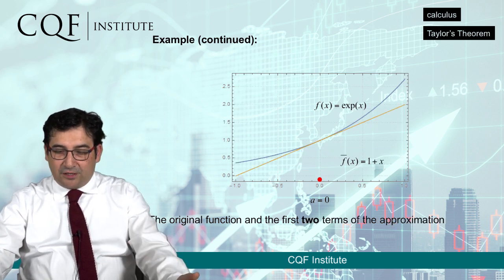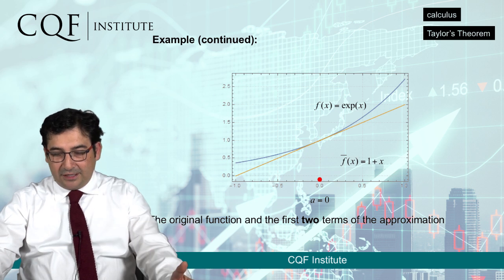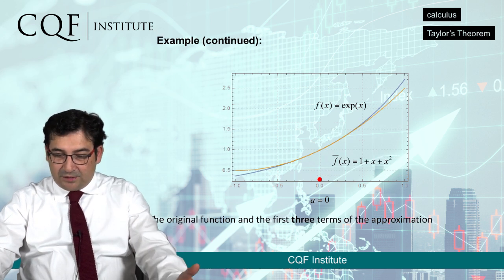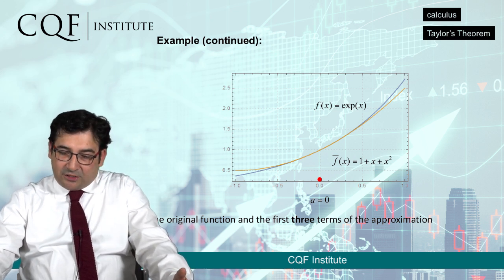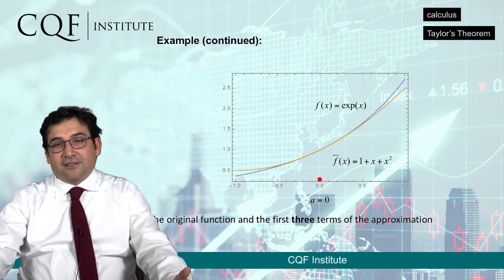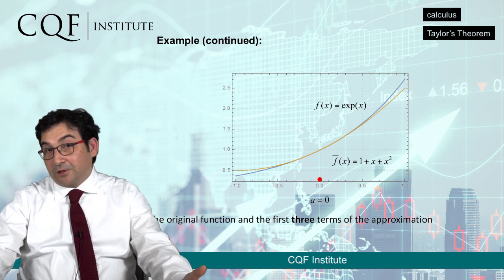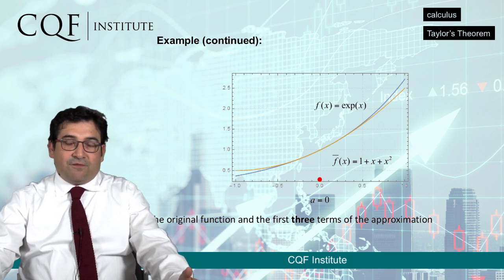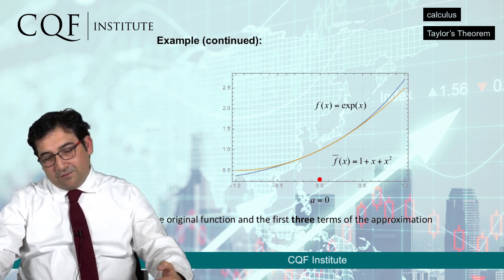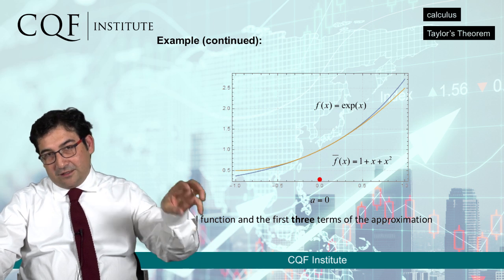If we use two terms, then they start to look more alike. If we have the three terms, that is the full quadratic approximation, both lines become almost indistinguishable in the vicinity of a equals 0, the point of interest that we're trying to approximate. So this is Taylor's contribution, finding this approximate polynomial for that original function close to that point.